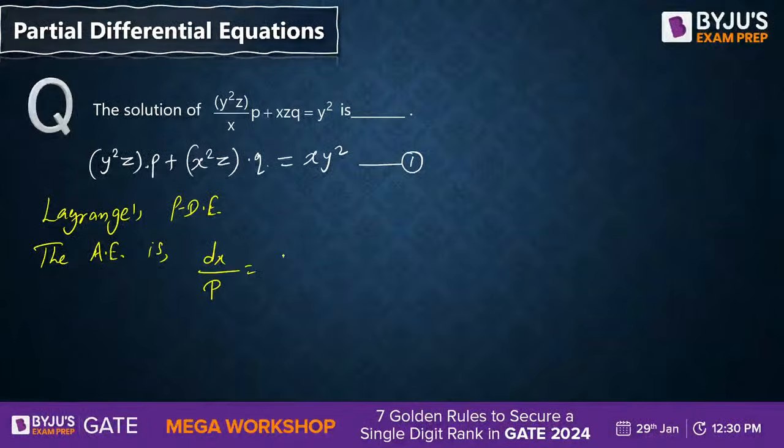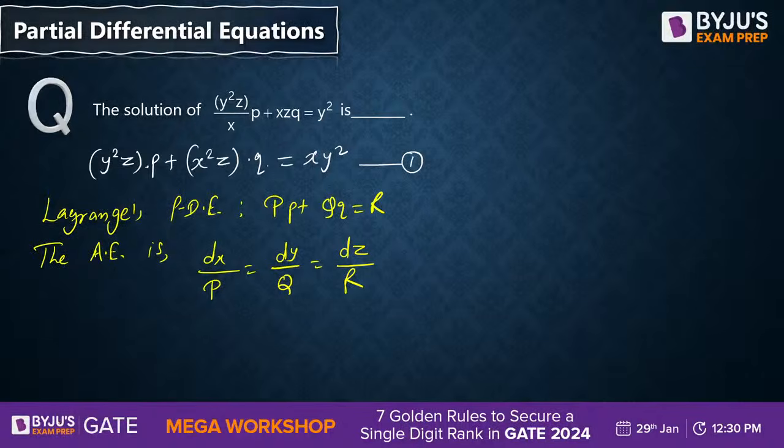Dx by P, dy by Q, and dz by R. Lagrange's PDE is Pp plus Qq equal to R. You can compare and find out the value of P, Q and R. Dx upon P, capital P is the coefficient of small p, y square z. Dy upon Q, capital Q is the coefficient of small q.